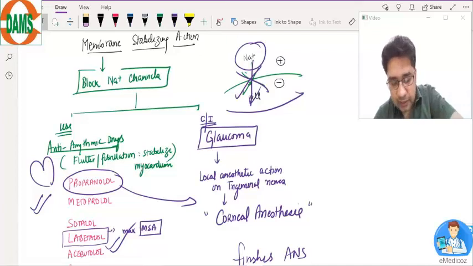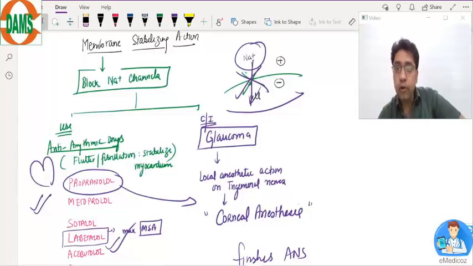If beta 2 increases insulin, why are beta agonists bad for diabetes? Even though they increase insulin release, Srijita, they still produce hyperglycemia. This is a very important point which I will tell you in the asthma chapter.